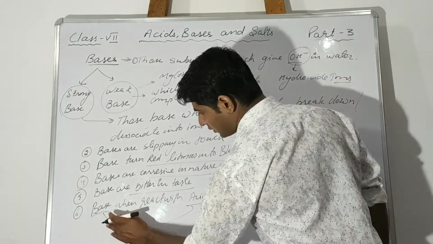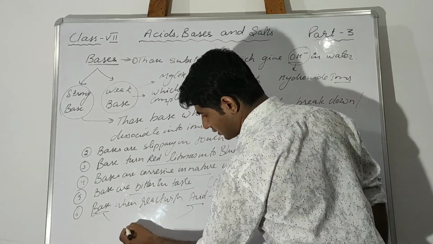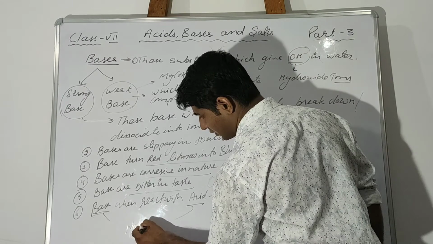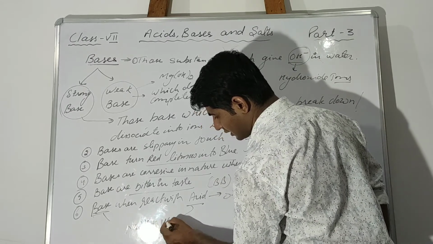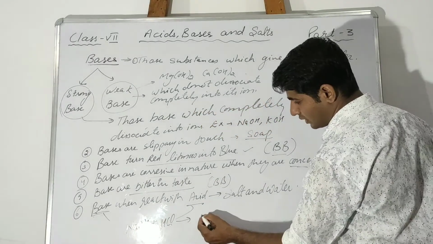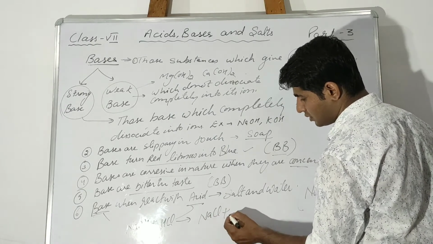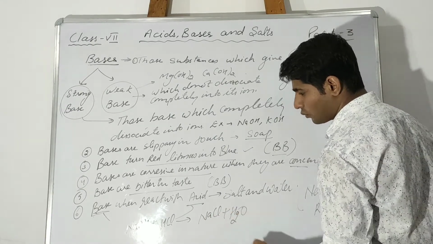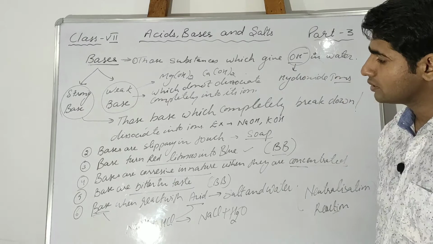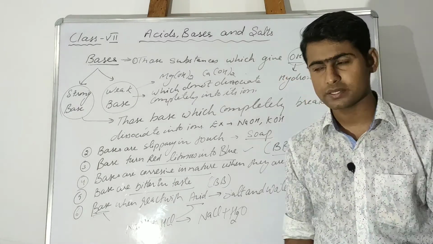So for example, we can take base sodium hydroxide and acid HCl, and we get salt, NaCl, plus water. So these are the properties of base.